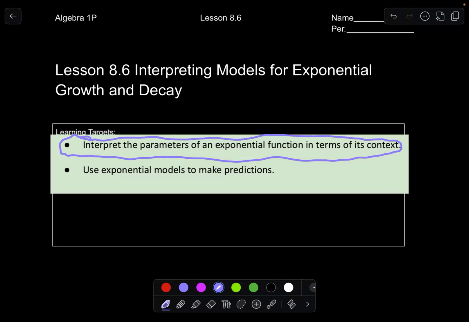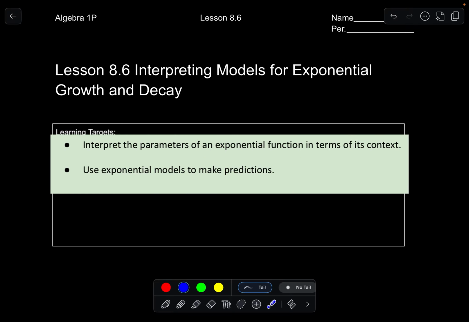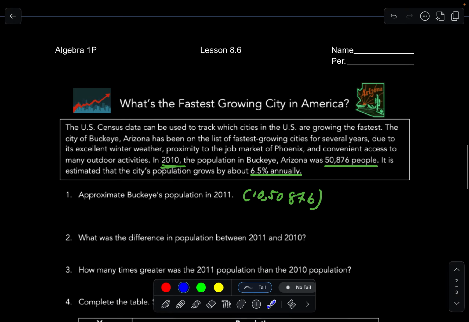And then we're going to learn how to use exponential models to make predictions, which is what we oftentimes use them for, to make predictions about future events or future values. All right, so let's begin.